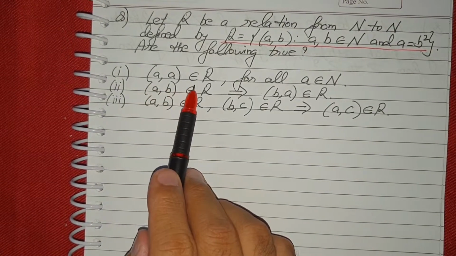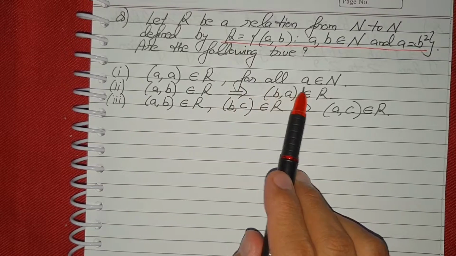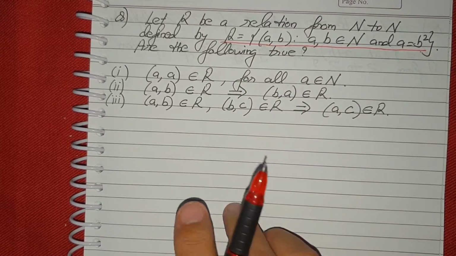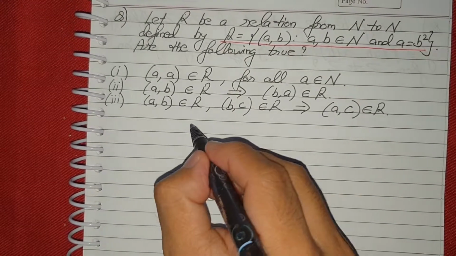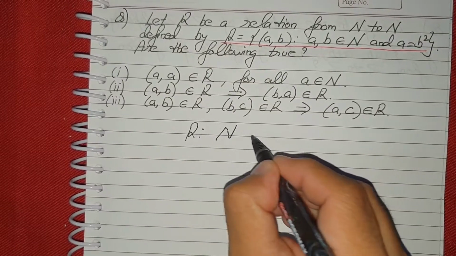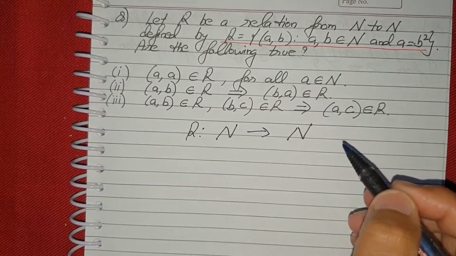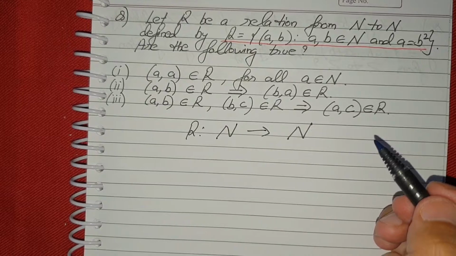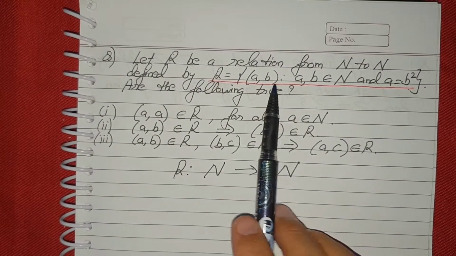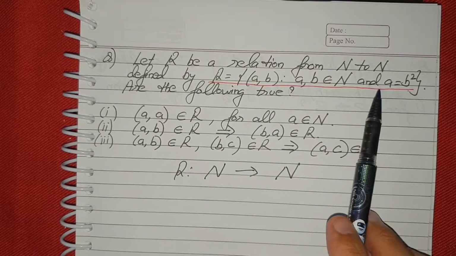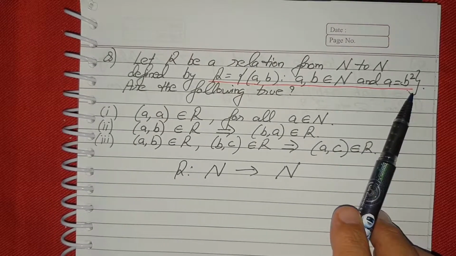Like (a, a) belongs to R for all a belongs to natural numbers. Now see, given that R is a relation from N to N, which is defined by this thing.